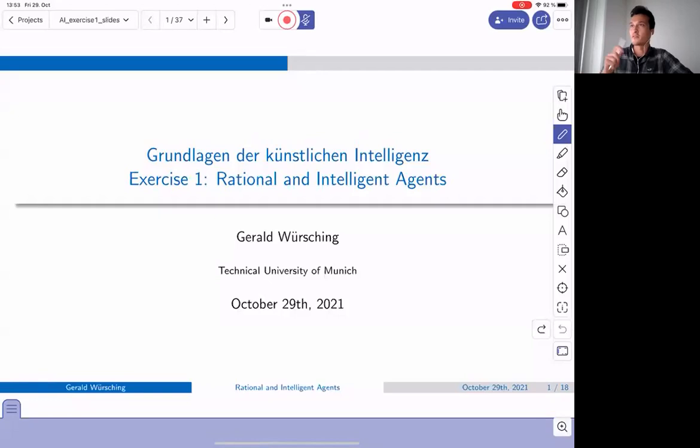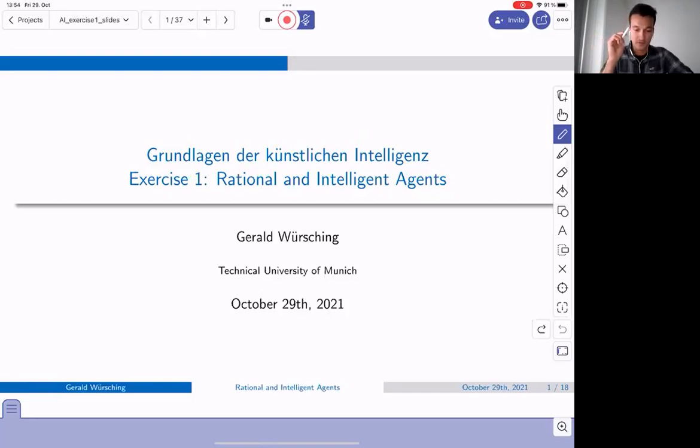Now, because some people asked in the chat regarding the slides and the exercise problem statement, the way we'll do it is we'll always upload the exercise sheets with the problems a week ahead on Moodle, so you actually have access to them already. You will find them under Lecture 2, Intelligent Agents, and we'll upload the solutions as well as the slides that I'm showing right now. I might have some annotations in them after the exercise. They'll be uploaded by this evening sometime, I guess.